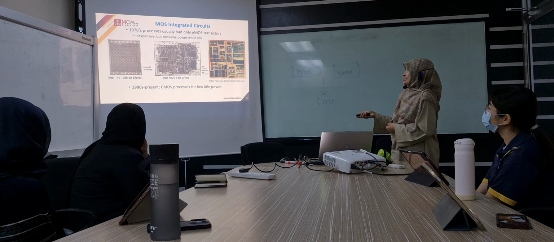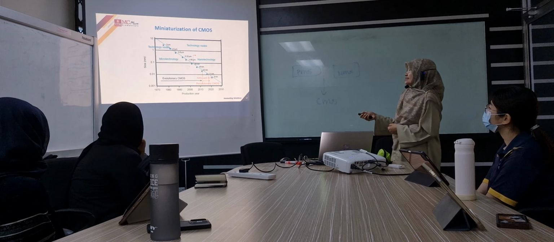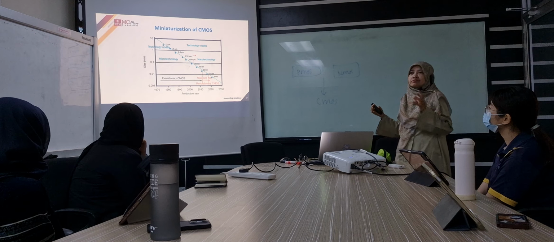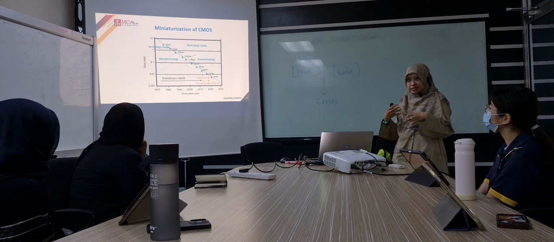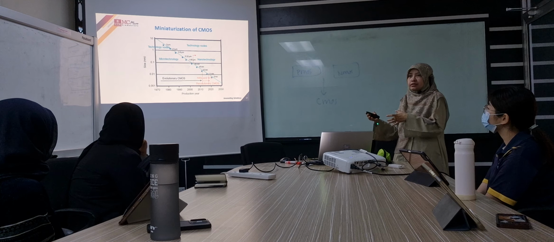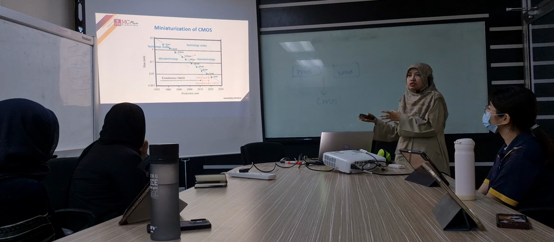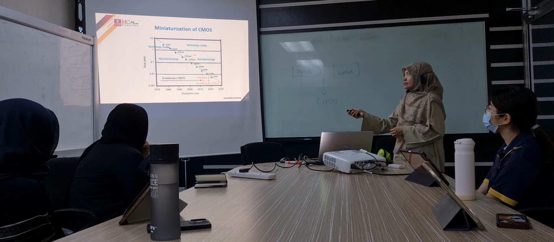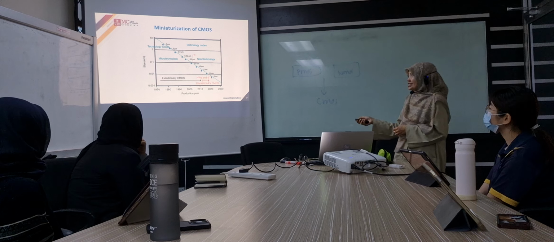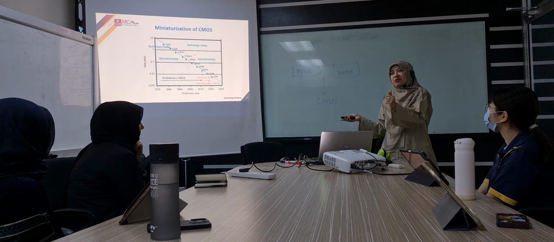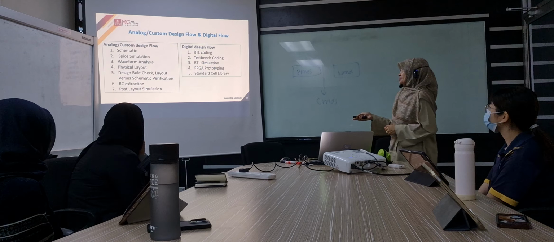Moving from that, we miniaturize the die, or the scale of MOSFET, and it also impacts the total size of the die. So it's going down, you can see the size getting smaller. That's why you can have a more compact system on chip.